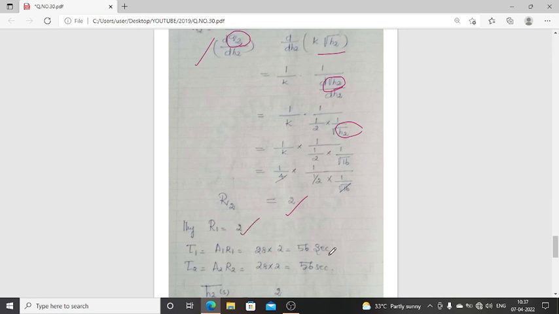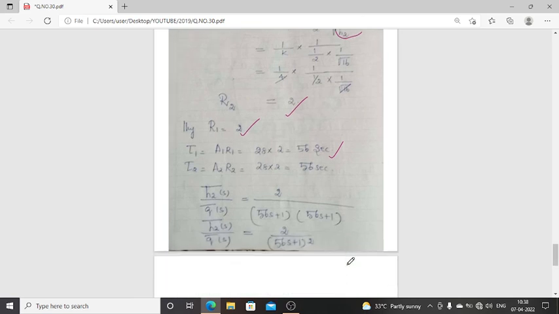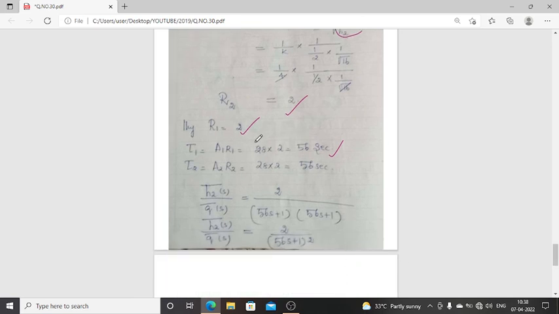So we know the formula for the time constant: tau 1 is equal to A1 R1, tau 2 is equal to A2 R2. Here A1 and A2 are both the same. So finally we get the calculated value, and R1 and R2 are also the same. Tau 1 is equal to 56 and tau 2 is also equal to 56.